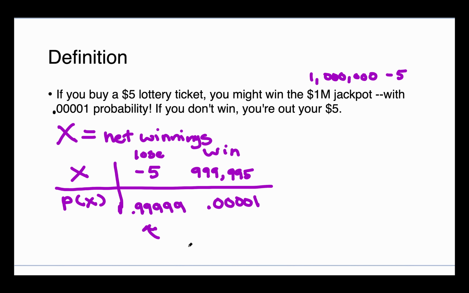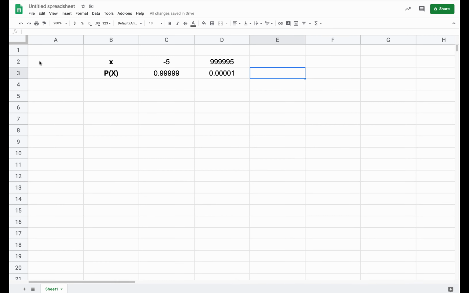So how did I compute that? Here's my math. 1 minus 0.00001. All right, and what we have completed right here, this is our probability distribution. So it tells you the distribution of the outcomes and how they're spread out across the different outcomes.